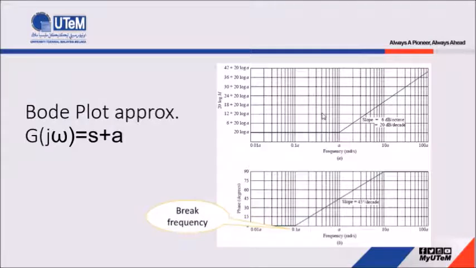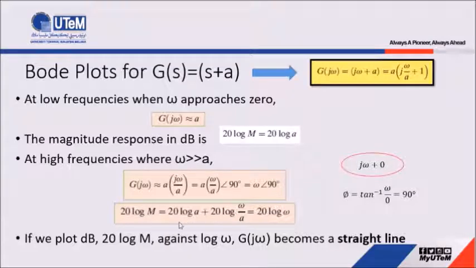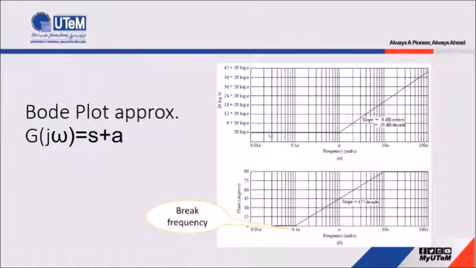As you can see in this derivation, the cutoff value at lower frequency is at a. That means this value of a, which refers to this frequency in radians per second, is considered as the cutoff frequency for this magnitude plot. The Bode plot starts with this 20 log a.